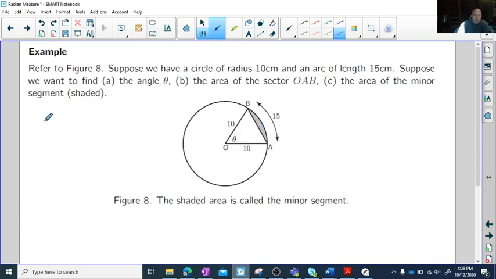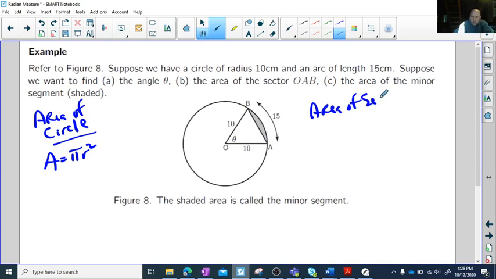In this, we're going to have to use a couple of formulas. So one thing we're going to have to know is how to get the area of a circle. Well, hopefully you know that the area of a circle, these are formulas that you would not be given, is pi r squared. Well, this thing here, if you have like a wedge of pie, that's called a sector.